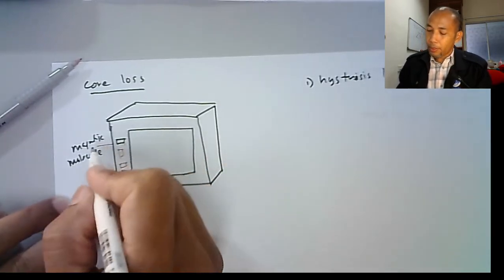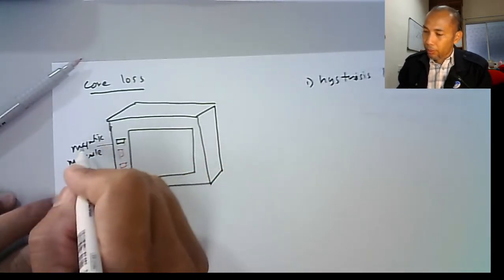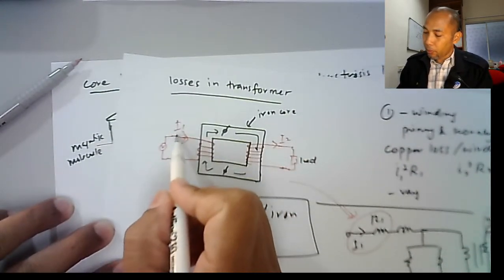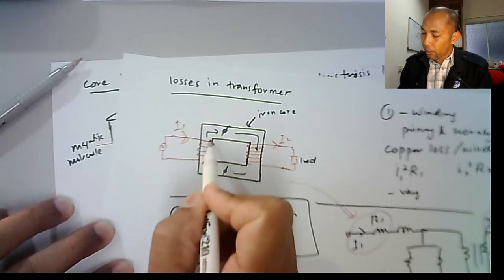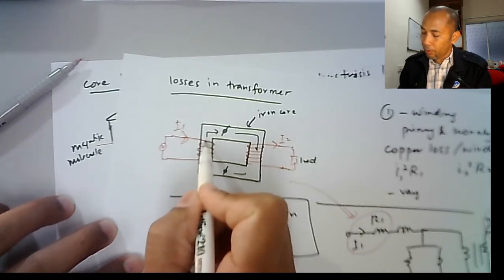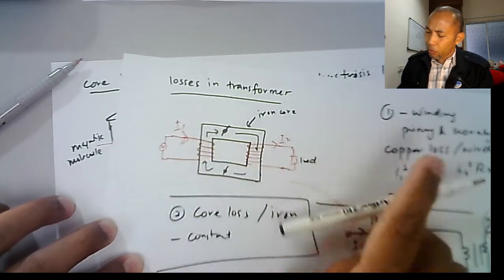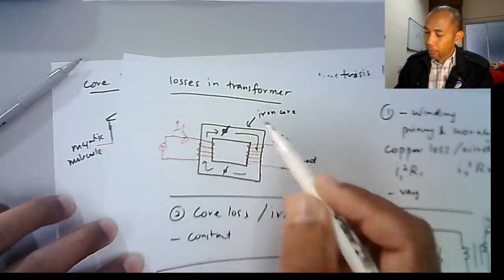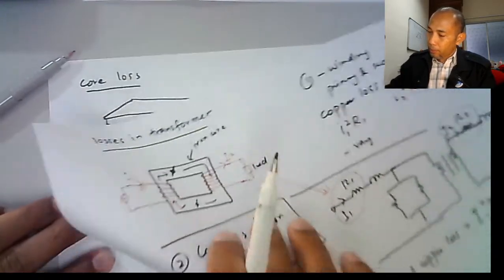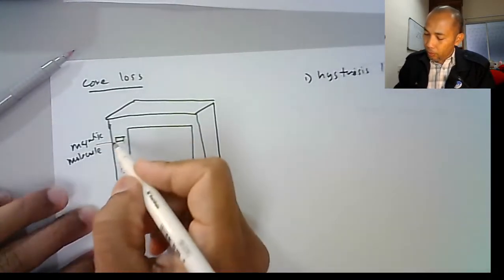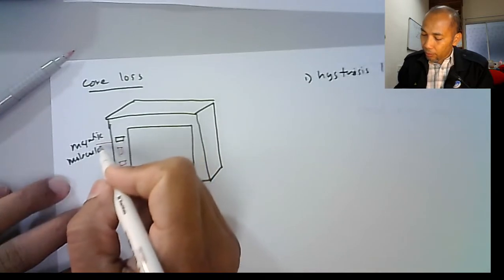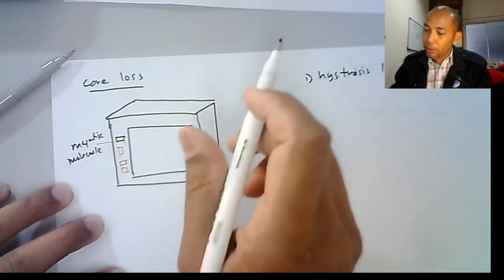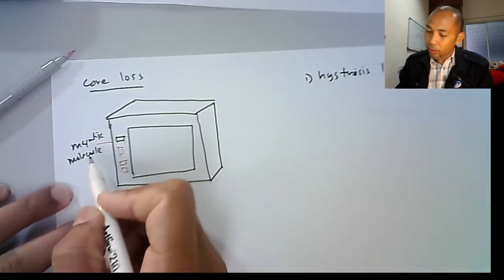When the transformer is subjected to winding, so when current flows to the coil, it will produce flux. The orientation of the magnetic material will depend on the voltage source.